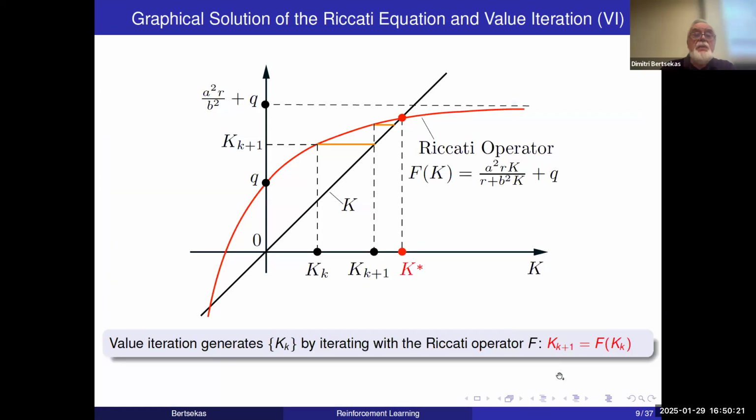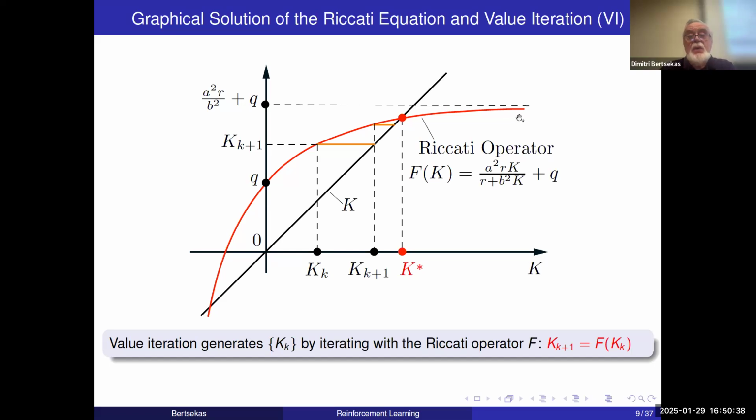So now we gave last time this graphical interpretation of the Riccati equation and the value iteration. Okay, so here's K, and this red curve is the graph of the Riccati operator.